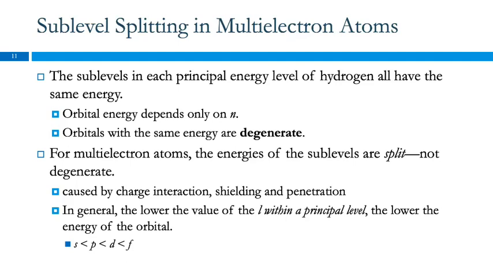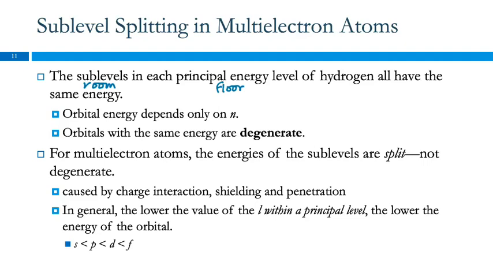Somehow that's a lot easier to keep track of. So here, the rooms in each floor have the same energy, the same cost for hydrogen. How much you pay for that room, how much energy the orbital has, just depends on the principal quantum number. That's for hydrogen.